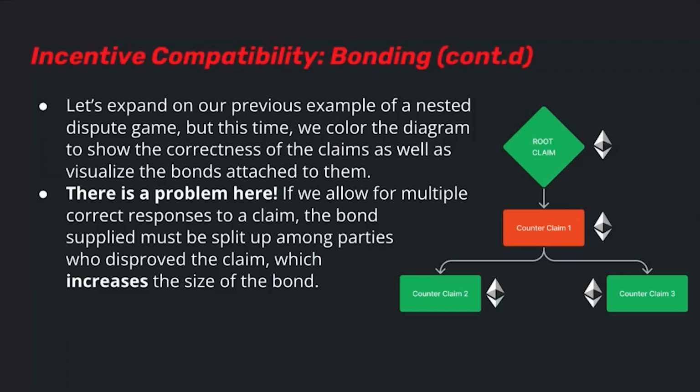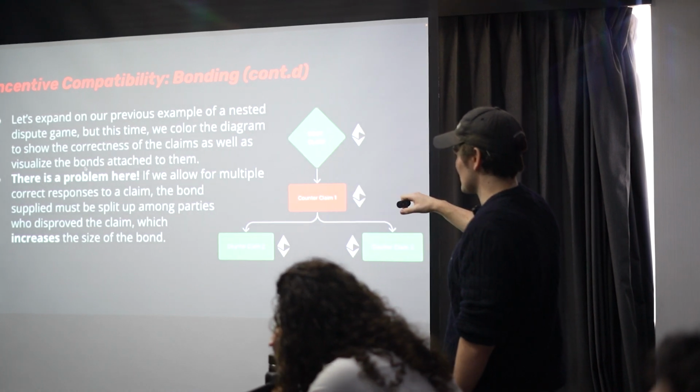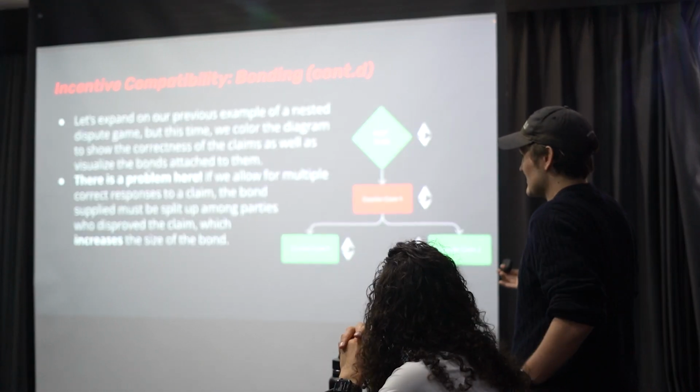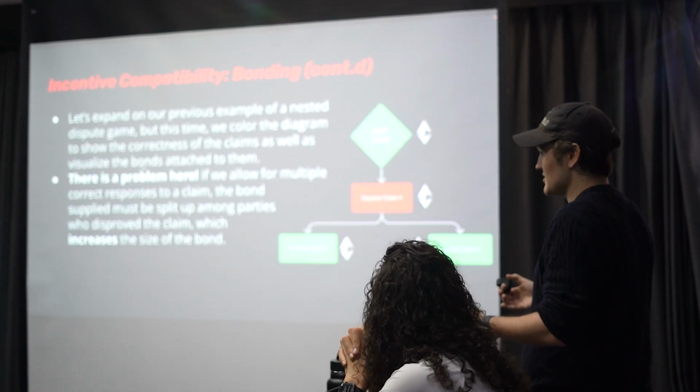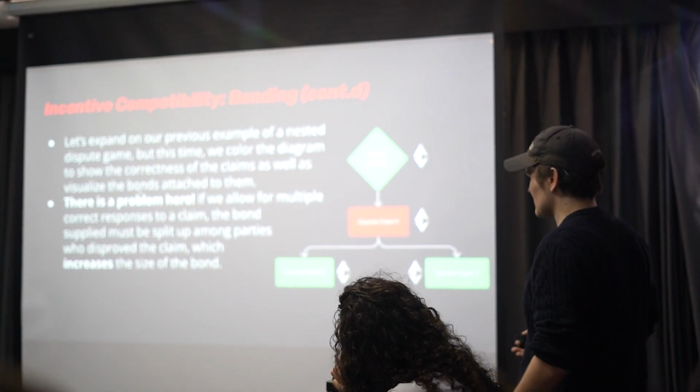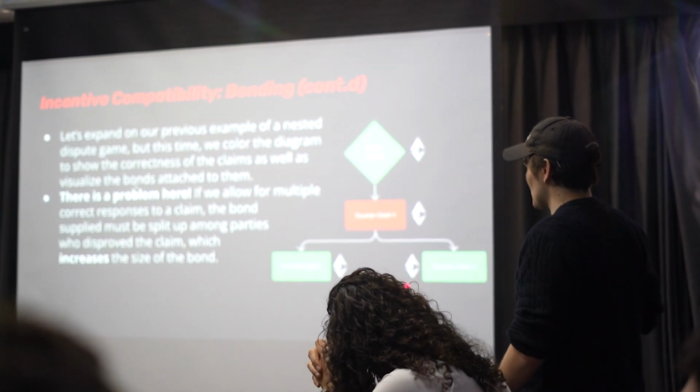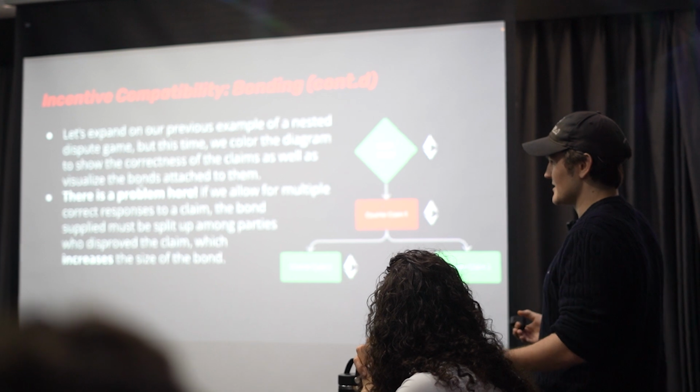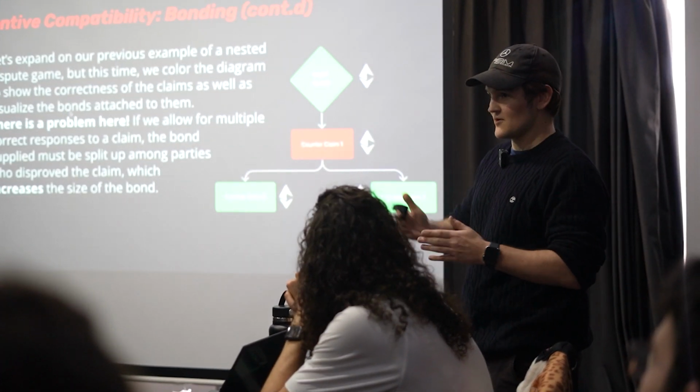to a claim, the bond supplied must be split up among the parties who disprove the claim, which increases the size of the bond. If you think about it, this counterclaim was supplied before either of these two existed, and this bond was also supplied when this counterclaim was created. So this bond was created with no idea how many counterclaims could be in there. If we allow multiple successful counterclaims, this bond would have to be able to cover many claims, which means we'd have to add this crazy upper bound.